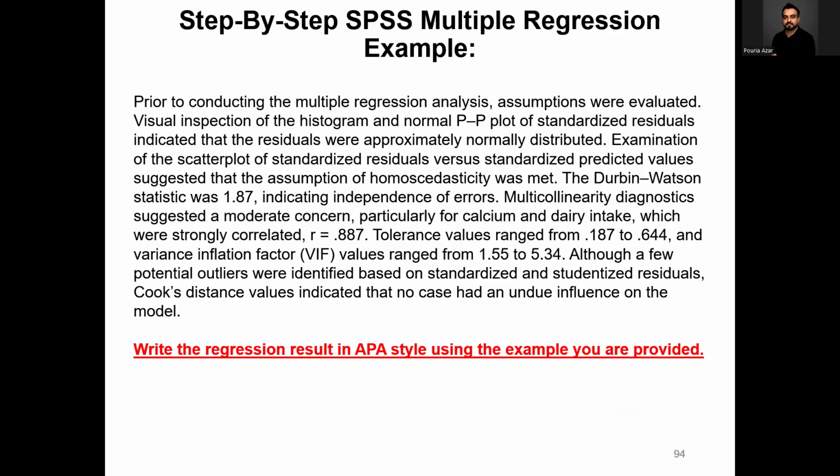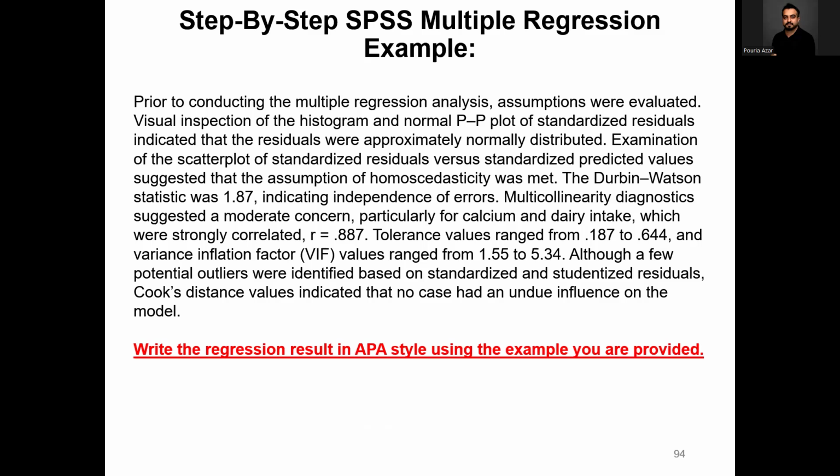In the results section, you would say: prior to conducting the multiple regression analysis, assumptions were evaluated. Visual inspection of the histogram and normal P-P plot of standardized residuals indicated that the residuals were approximately normally distributed. Examination of the scatter plot of standardized residuals versus standardized predicted values suggested that the assumption of homoscedasticity or homogeneous variance was met.